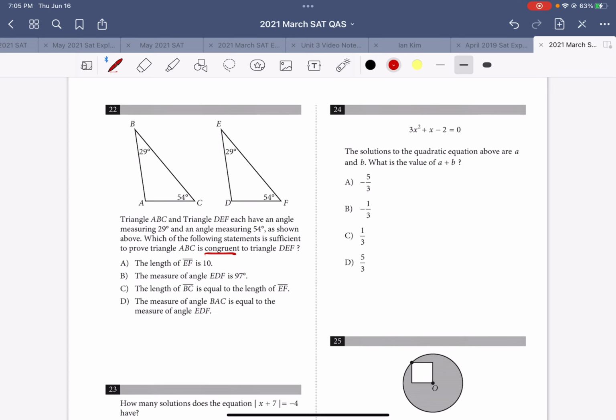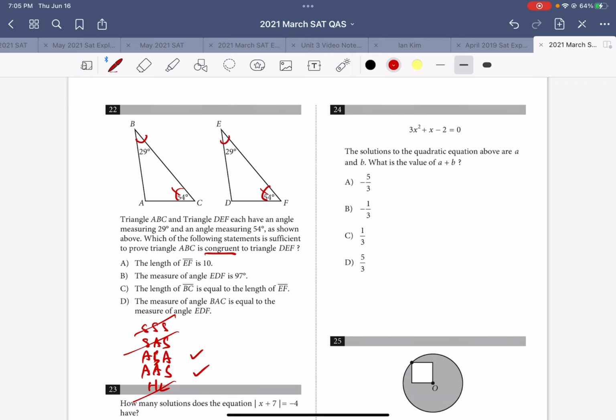You have 5 ways to prove two triangles are congruent: SSS, SAS, ASA, AAS, and HL. But in this case, they gave you 2 angles that are congruent, right? So it's not this, not this, not this, either this one or this one.